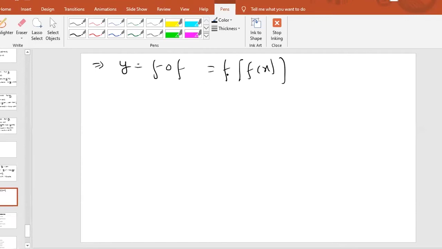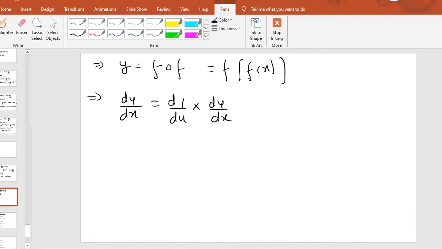If y is equal to a function of x, then dy by dx will be equal to dy by du into du by dx.